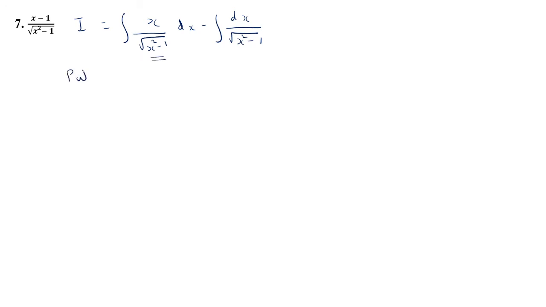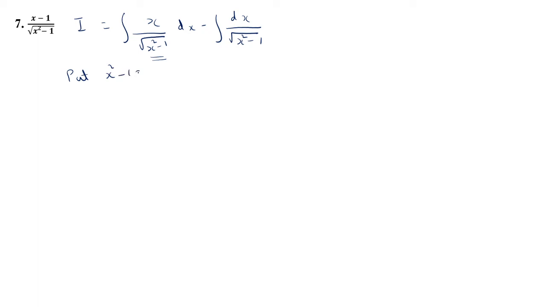Next question is x minus 1 divided by square root of x square minus 1. So let us take I is equal to, I am taking x minus 1 by root of x square minus 1 as integral x by root of x square minus 1 dx minus integral dx by root of x square minus 1. So for the first integral, I am doing integration by substitution.